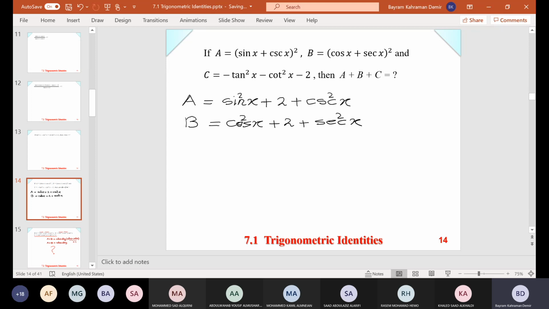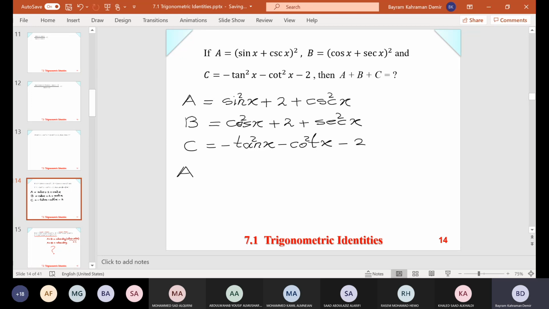And how about C? Let's write the C right here. Negative tangent square of x minus cotangent square of x, and then minus 2.